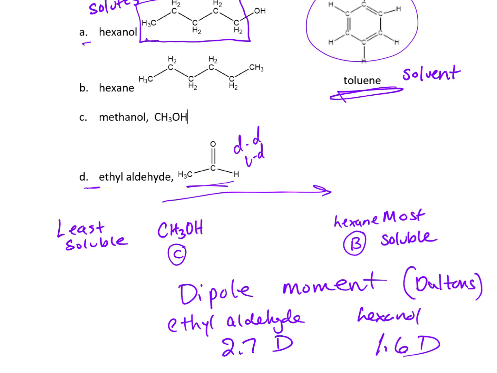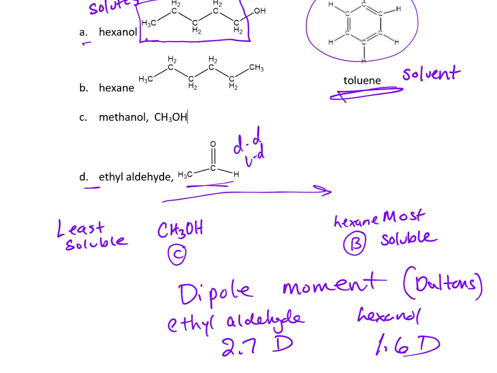Okay. So we looked up the dipole moment of ethyl aldehyde and hexanol. The larger the dipole moment, the more polar the molecule is. So by comparison, ethyl aldehyde has a greater dipole moment than hexanol, so it should be less soluble in toluene than hexanol.